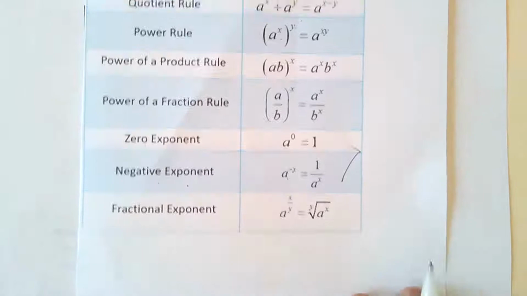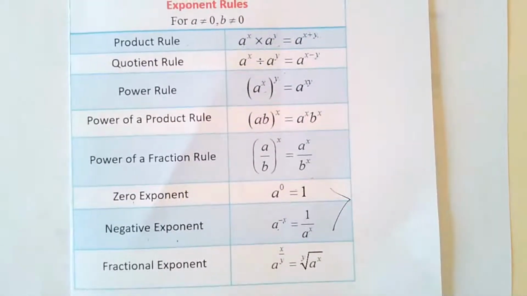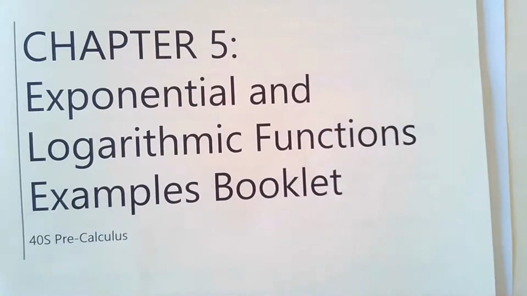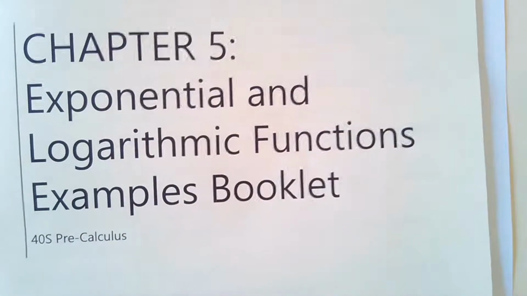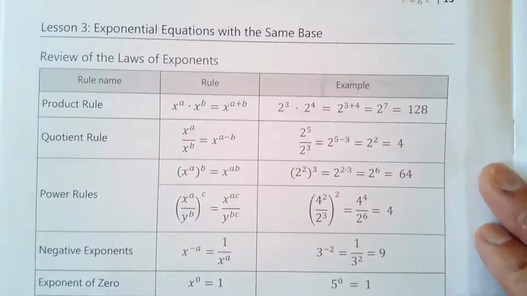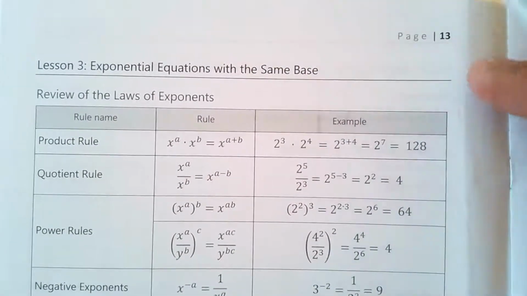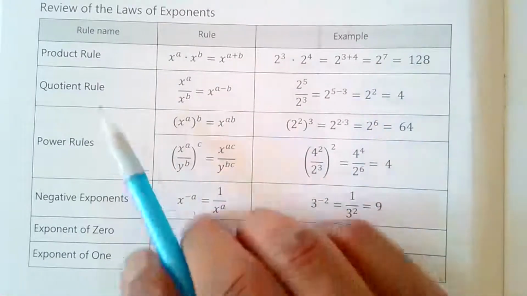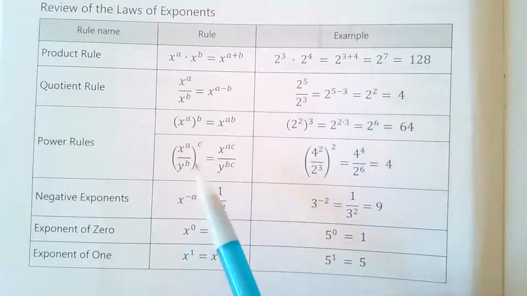Now, you'll find some good examples if you go to your chapter 5 exponential and log function example booklet. On page 13 is a review of the product rule, and there are some examples.